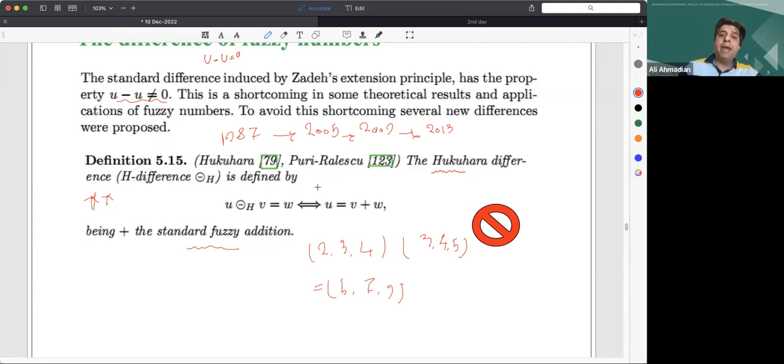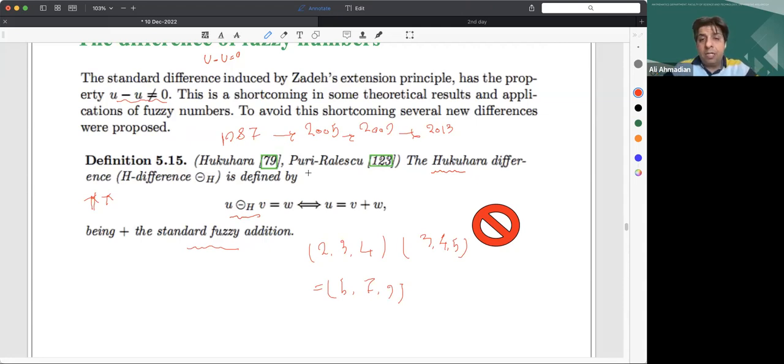Anyway, because of this problem, in 1987 Puri and Ralescu proposed this difference that removes the shortcoming. In fact, the Fukuhara difference was already proposed by a person named Fukuhara a long time before that, I think in 1910 or something like this.